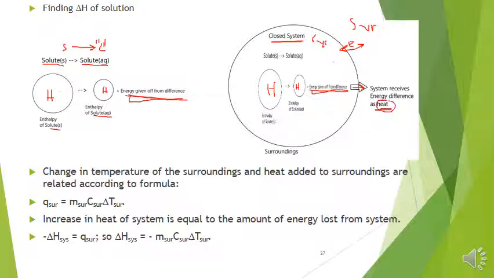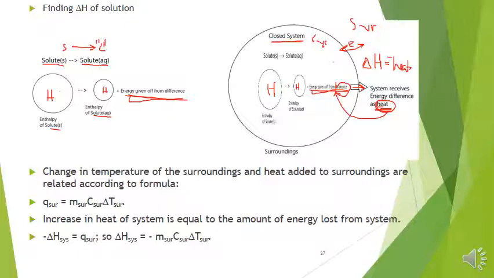If we can measure how much heat is given off, we know that that's equal to the change of energy, which is the difference in enthalpy. So this heat is going to equal it, but with opposite sign. If this heat goes up, the enthalpy has to give it off.